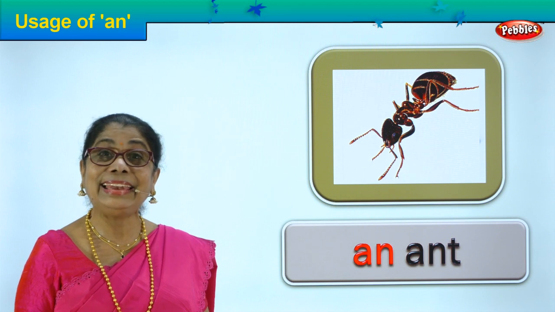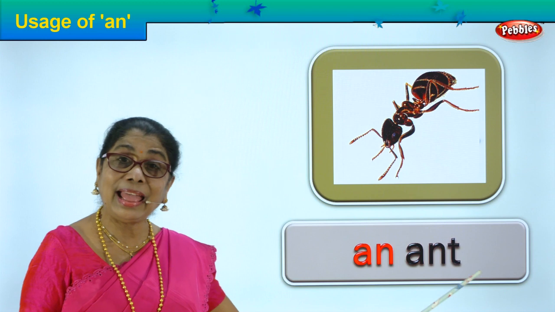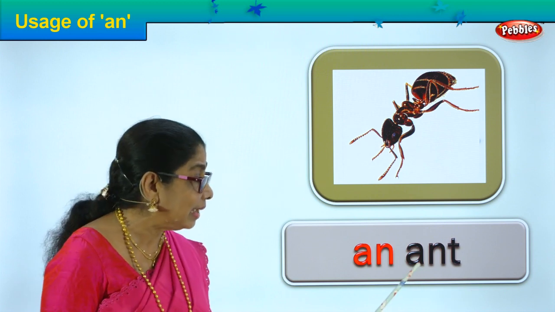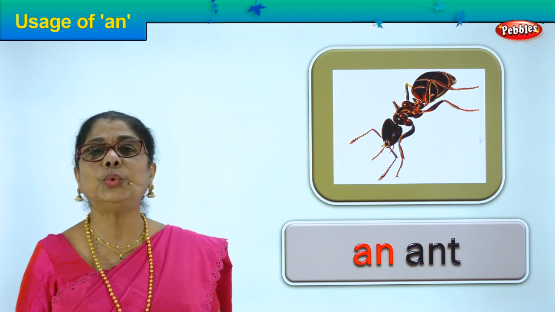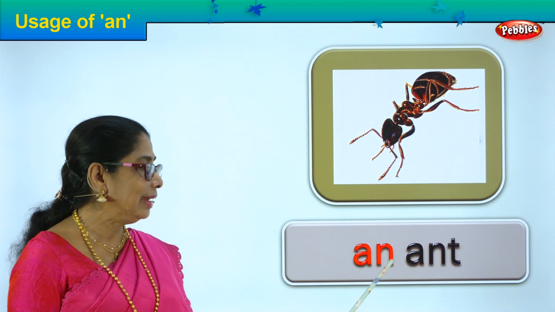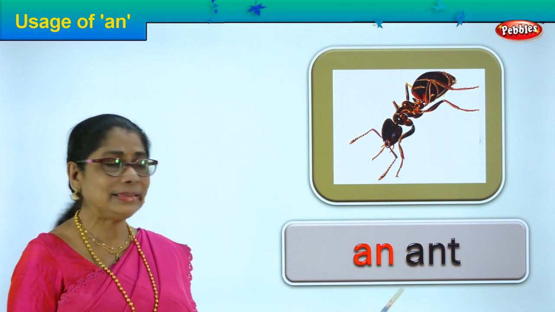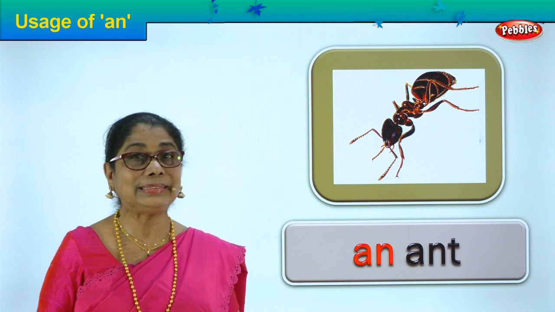Yes? And for ant, the word begins with the letter A, which is a vowel. So we use an before the word ant. An ant. This is an ant. Good. Let's take a new picture.